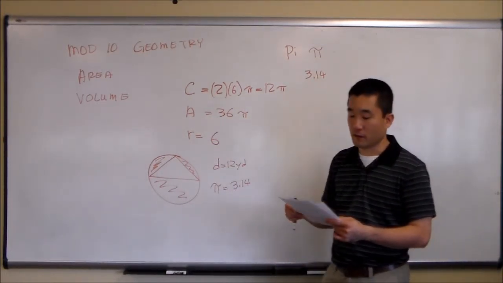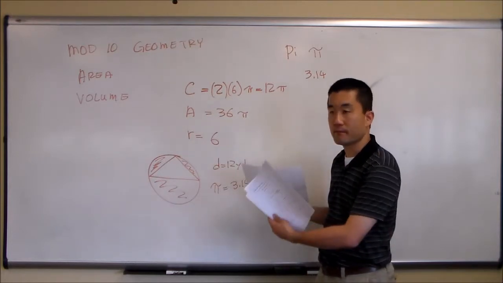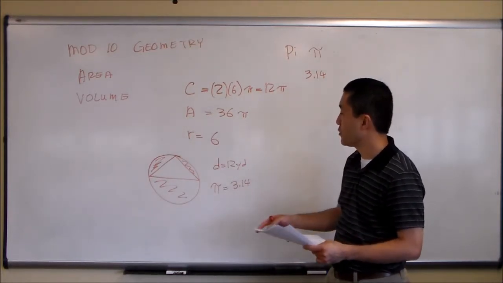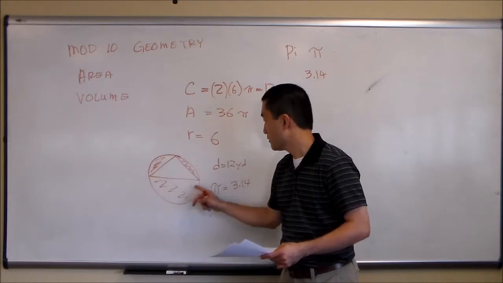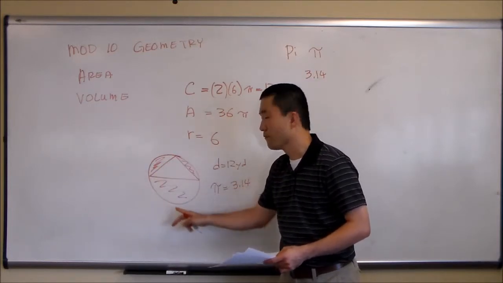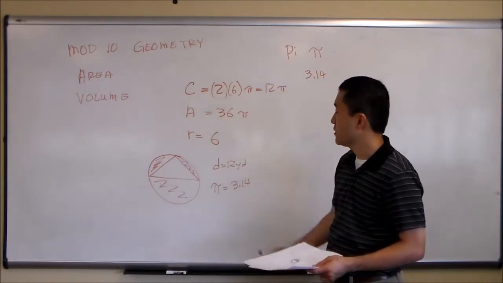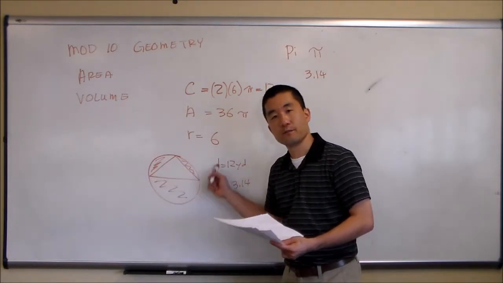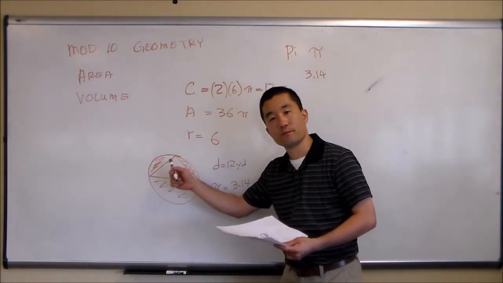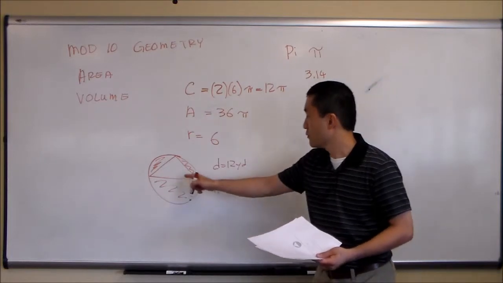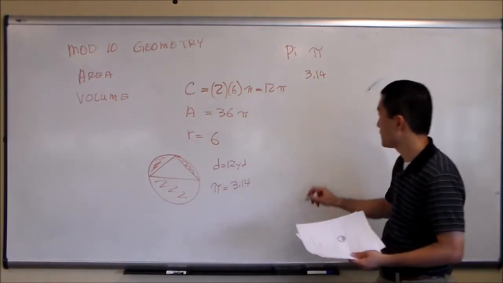Unfortunately, if you look at the list of the formulas, you will not see a formula that calculates exactly this shaded area. You only see the formulas for the circle and then the triangle. So I'm going to break this picture into two pieces.